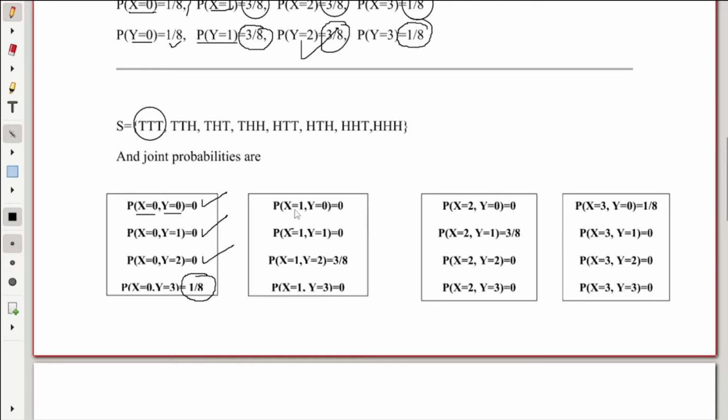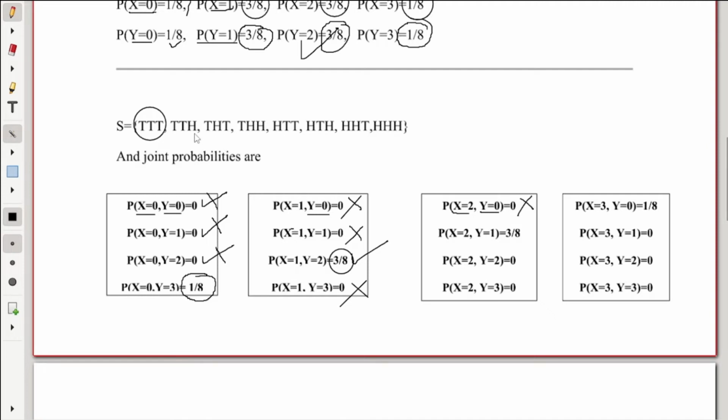The same way here, 1 head and 0 tail. This is not possible. 1 head, 1 tail. This is not possible. 1 head, 2 tails. That is possible. 1 head and 3 tails: no, then the coins would be 4, that is not possible. 2 heads, 0 tail is not possible. 2 heads, 1 tail is possible.